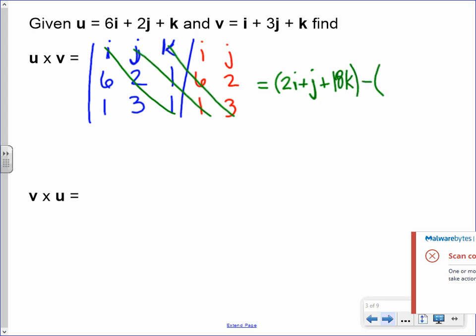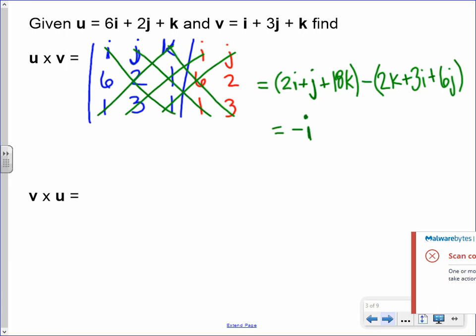Okay? Then we're going to subtract all of the up diagonals. 1 times 2 times k, plus 3 times 1 times i, plus 1 times 6 times j. So then, when we combine like terms, we have 2i minus 3i.